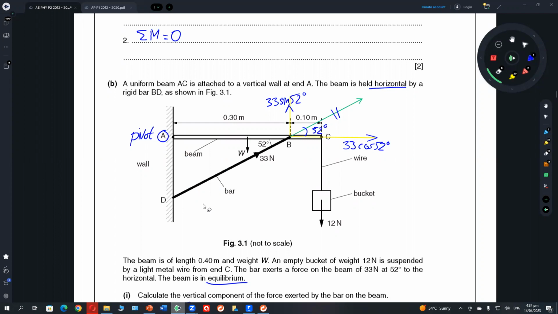Length of the rod is 0.4. So this distance should be 0.2, up to here. So let's start making the equation: W into 0.2 and 12 into 0.4.